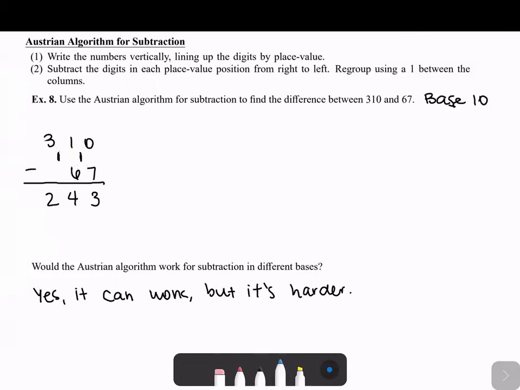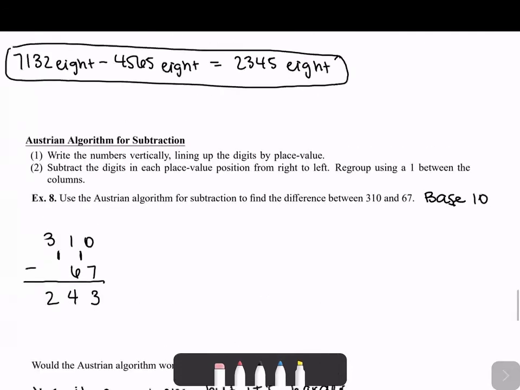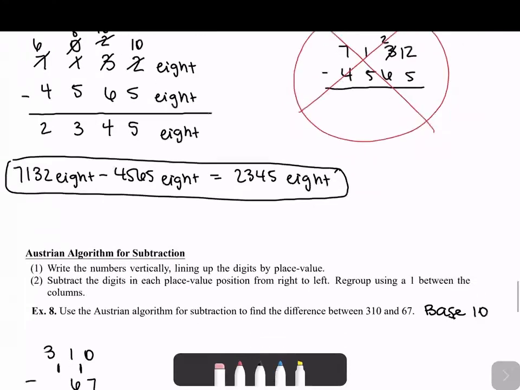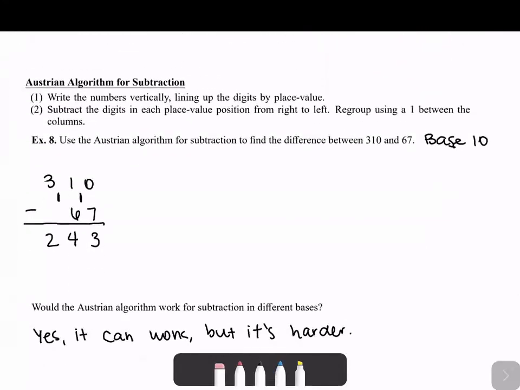Remember, we just had this discussion above: when we subtract in base 10, we typically just add a 1 right here. But if we're doing that in other bases, that doesn't work. So adding that 1 is precisely why this algorithm works. Because we're in base 10, we can just add ones in front of things and it all works the same way. So this algorithm can work for subtraction in other bases, but it's a lot harder to see. The notation isn't as clear. So we're just going to stick with this algorithm for base 10 subtraction.